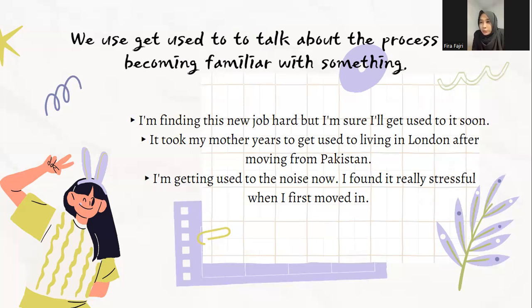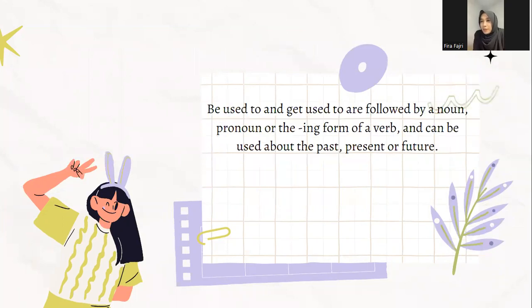I'm getting used to the noise now. I found it really stressful when I first moved in. Be used to and get used to are followed by a noun, pronoun, or the ing form of a verb and can be used about the past, present, or future.